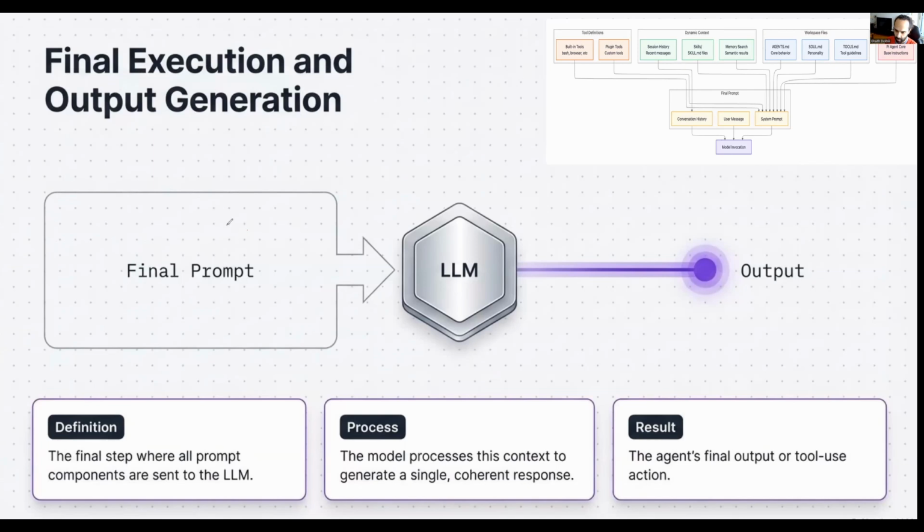And once we have our final prompt defined, this is injected in the LLM, where all the context processing will happen, including all the information passed from these blocks. And this is where, depending on whether a direct response can be given, the model can give a direct response, or it calls tools that it needs to provide the answer.